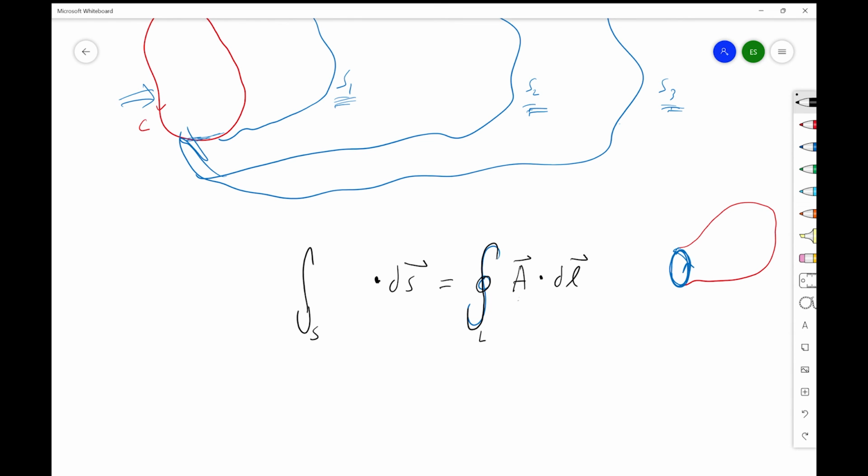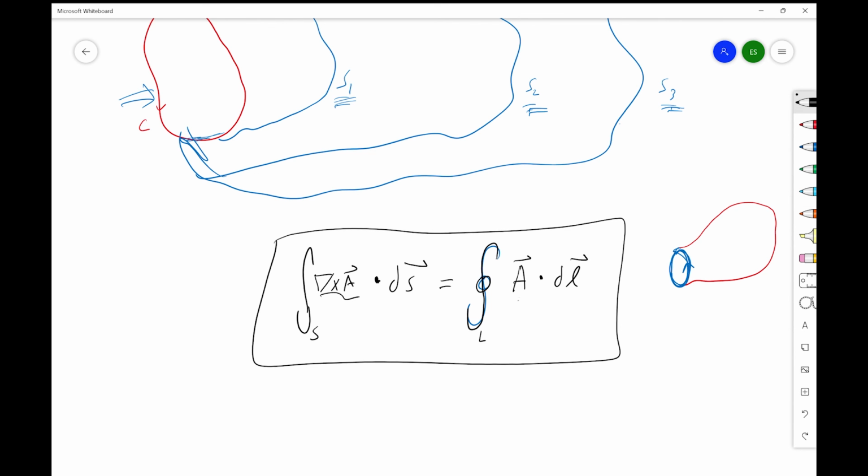When we're dealing with surfaces and line integrals on the boundary, we get the curl. When we're dealing with line integrals and the boundary being 2 points at the end, we get the gradient. So in this case, this is going to be the curl of A. And this is it. This is the definition of the curl. This entity here is what's called the curl.